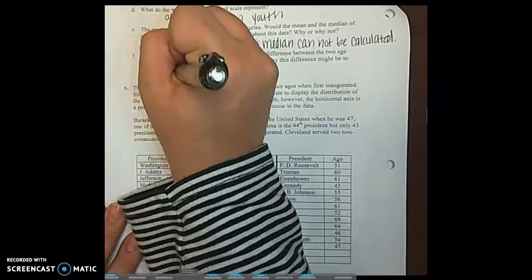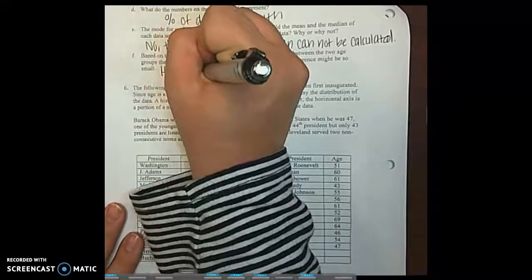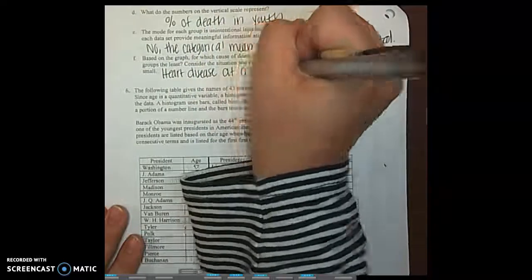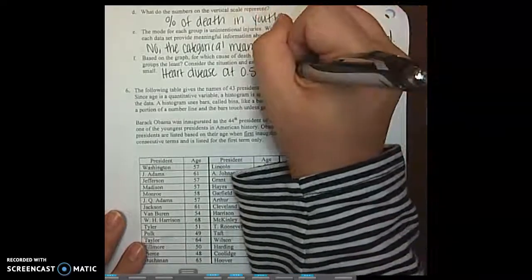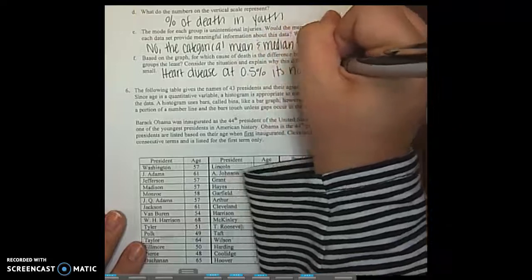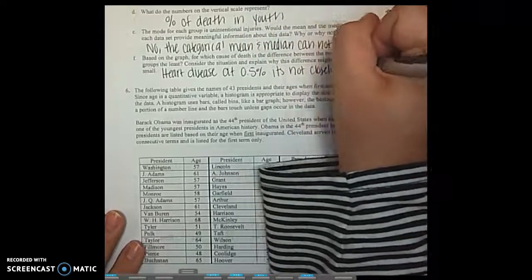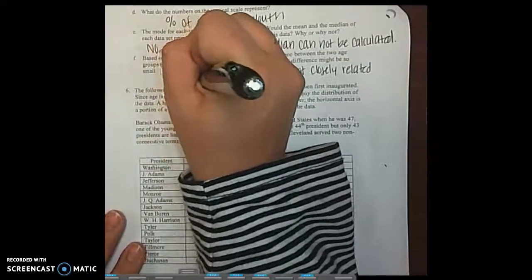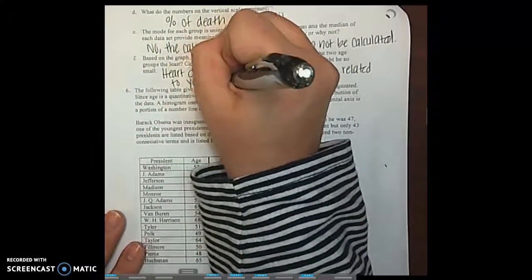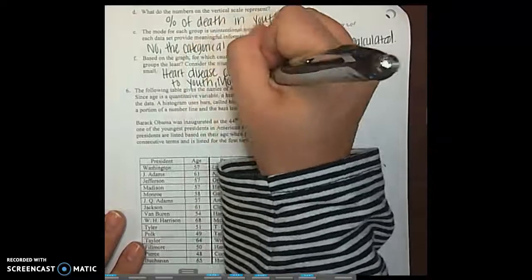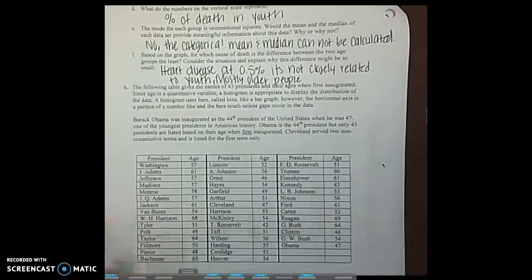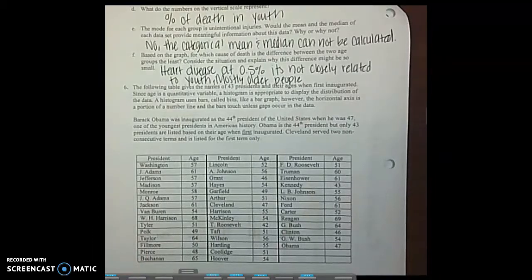So heart disease at 0.5%. So it's mostly older people that we're going to associate heart disease with, not younger people.